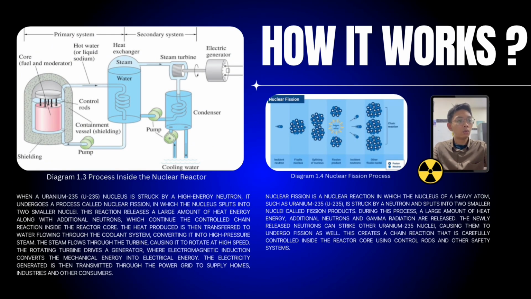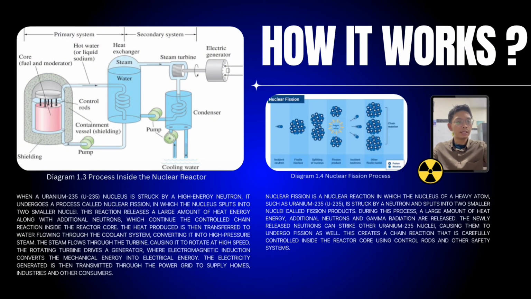We already know what a nuclear reactor is, but how does it work in the real world? So when a uranium-235, or U-235, is struck by a high energy neutron, it will undergo a process that we call in physics nuclear fission, in which the nucleus will be split into two smaller nuclei. This reaction will release a large amount of heat energy, along with additional neutrons, which will continue the controlled reaction chain inside the reactor core.